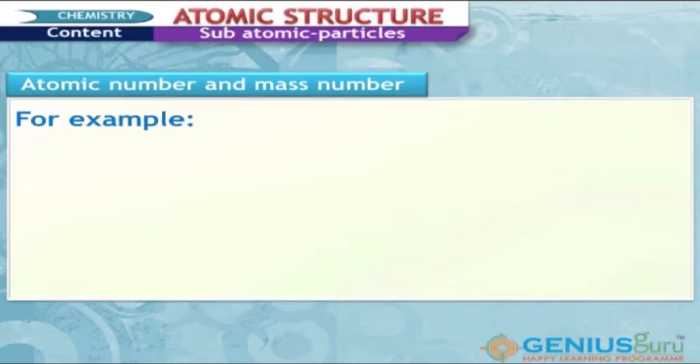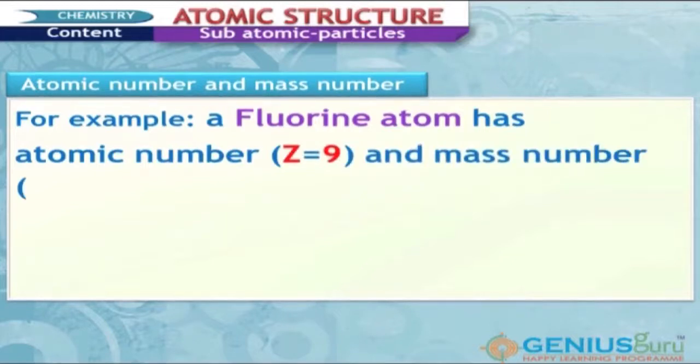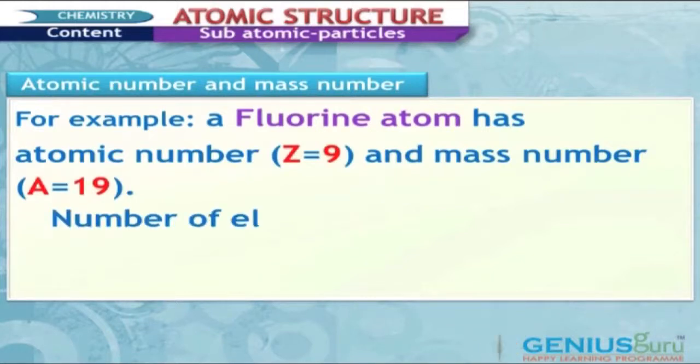For example, consider a fluorine atom. This atom has atomic number 9 and mass number 19. Here Z is equal to 9 and A is equal to 19. From our previous discussion, the number of electrons is equal to 9 because fluorine has atomic number 9. So it contains 9 electrons or 9 protons.